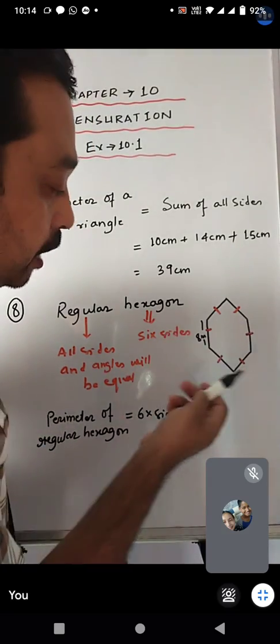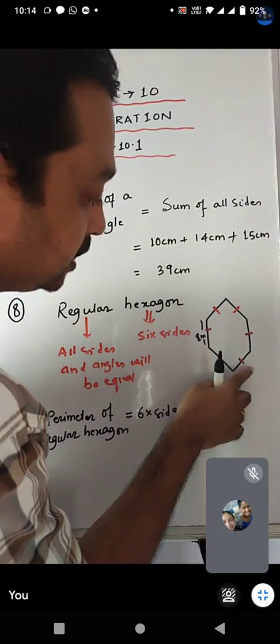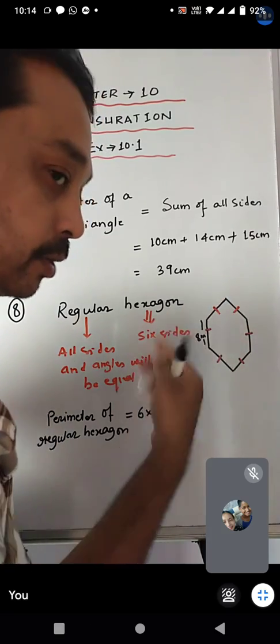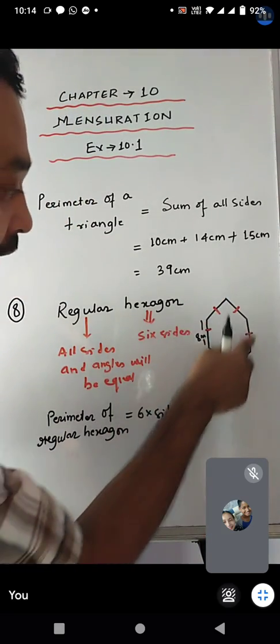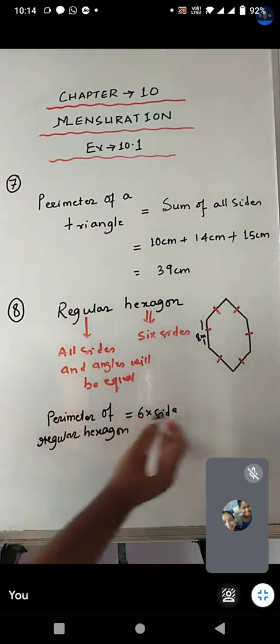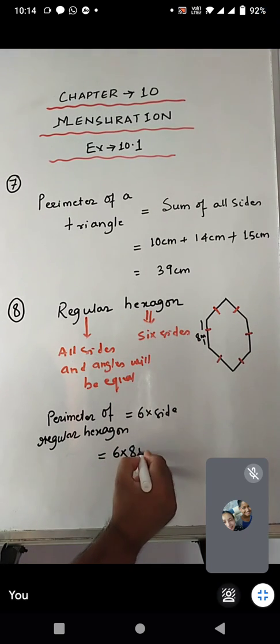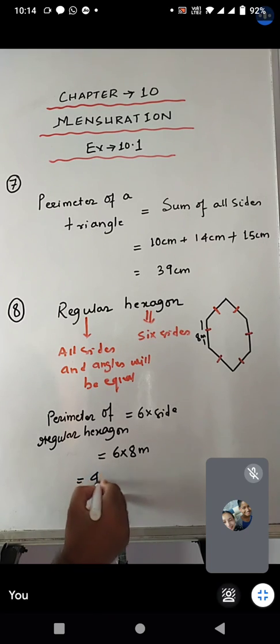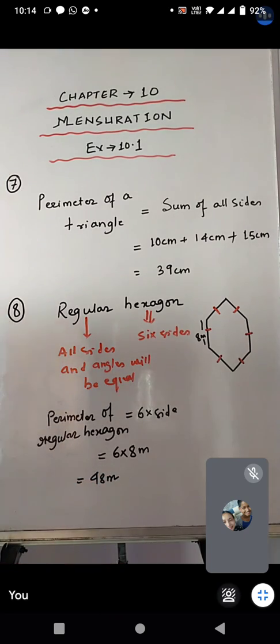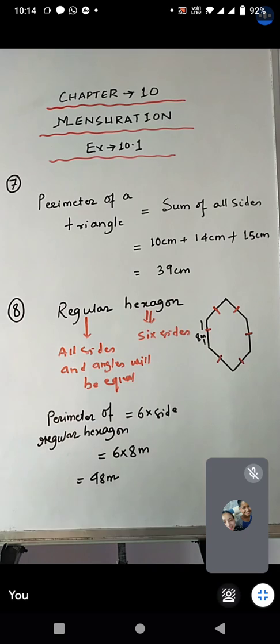Or you could have done it this way: 8 plus 8 plus 8 plus 8 plus 8 plus 8. This is also right, but because all the sides measure equal, I have written 6 into side. That means 6 into 8 meter, so it would be 48 meter. So the answer of question number 8 is 48 meter.